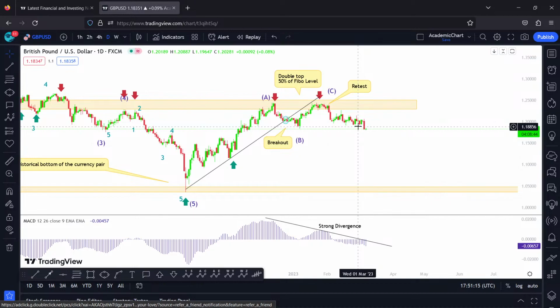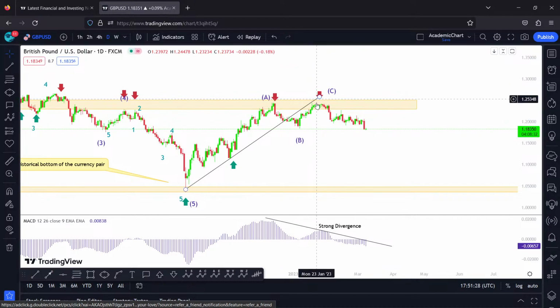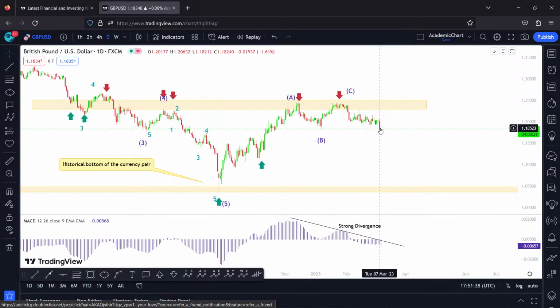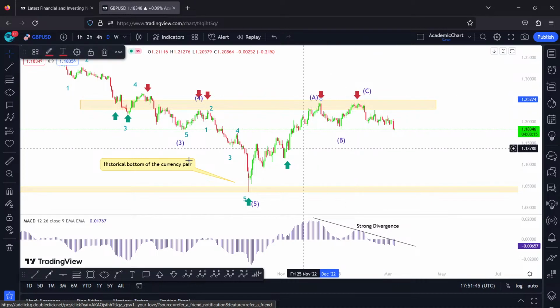All of these combined, hand in hand with each other, are saying to me that, okay, with just those six, you know that this is the end of this ABC, and from that time, it is going to be a reversal. But anyhow, let's just utilize this double top pattern.